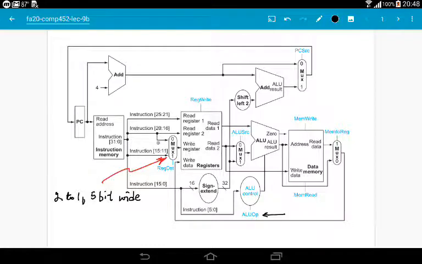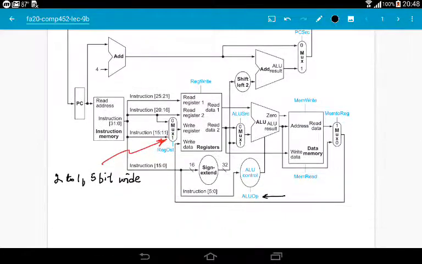The 0 input of this mux gets bit 16 to 20 of the instruction, where the RT field of the instruction is located, and the 1 input of this mux gets bit 11 to 15 of the instruction, where RD, the destination register, is located.